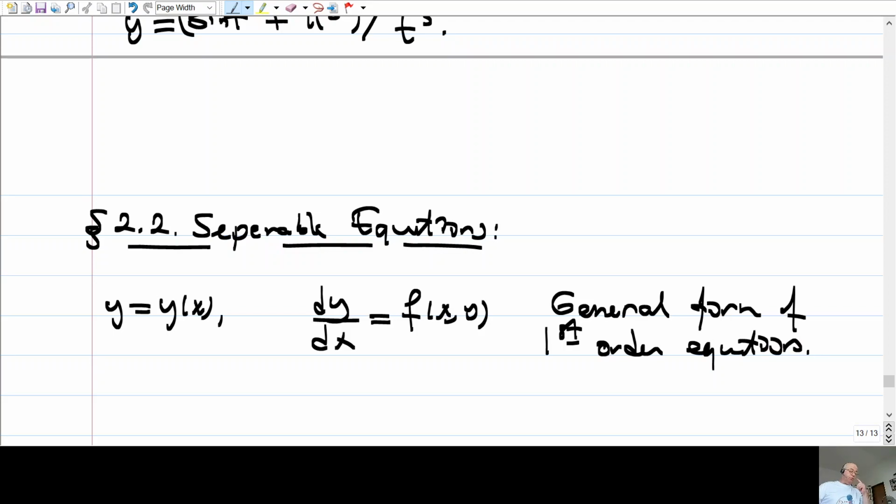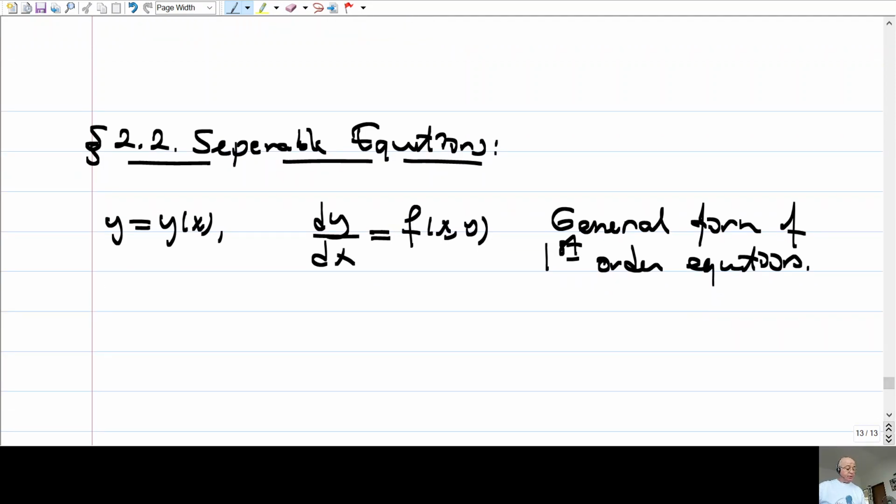Because since it is first order, you are allowed to have only y prime in the equation as a derivative term. So if you have one derivative term, y prime, you may collect y prime terms on one side and solve that equation algebraically in terms of x and y, so that you have y prime equal to some expression in terms of x and y. So I write it this way.